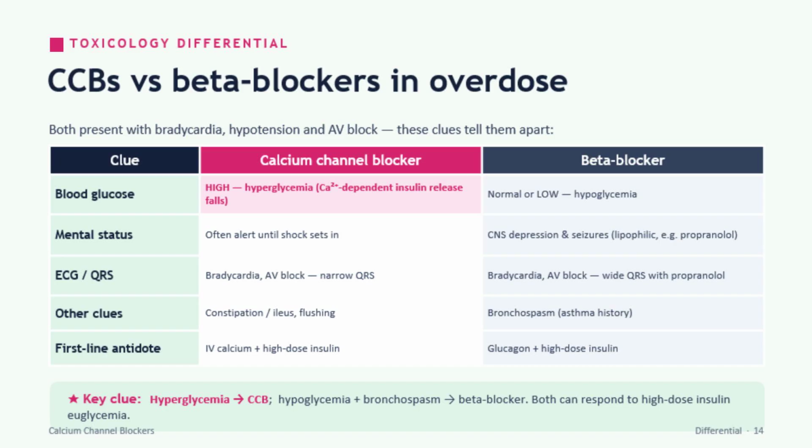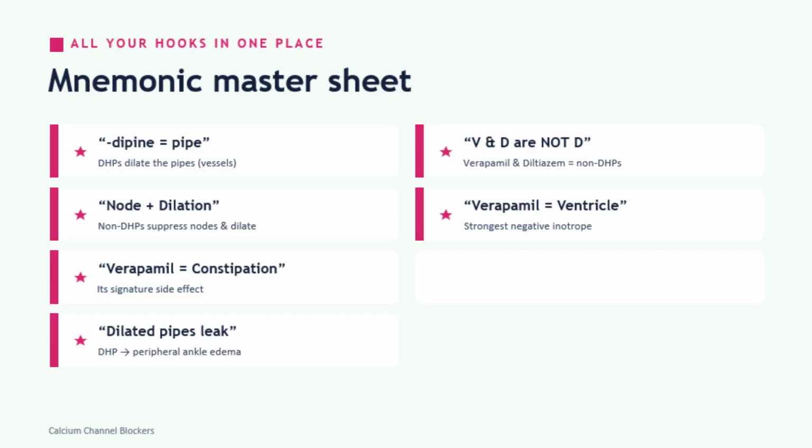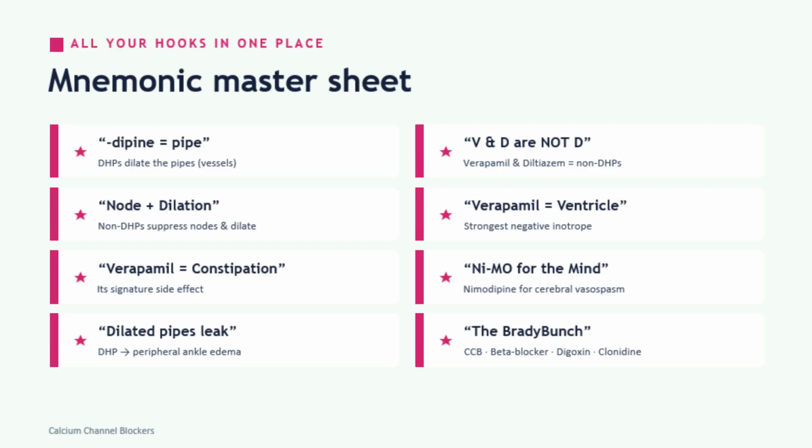Brilliant exam discriminator. And here it is, the slide you have been waiting for, my favorite, the mnemonic cheat sheet. Everything we have built today, all in one place. Dipine equals pipe, 5 and D are not DP. Less calcium, less squeeze, dilated pipes leak.